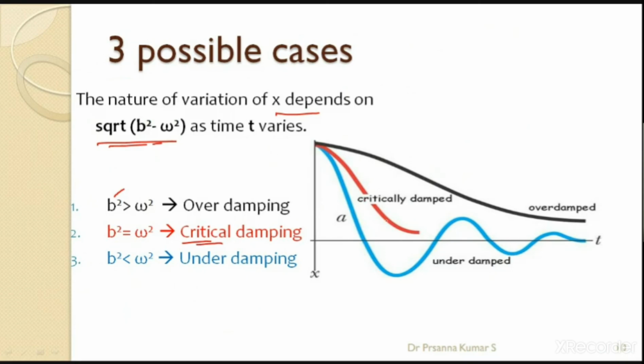It takes the shortest time for the particle to come to almost equilibrium near the rest position. And this is the underdamping case. Underdamping is longer, and critical is shorter.